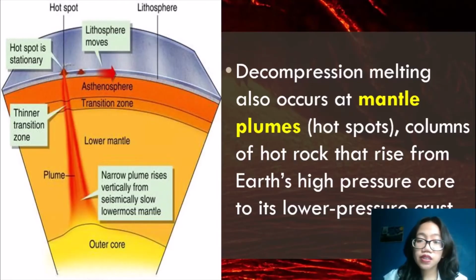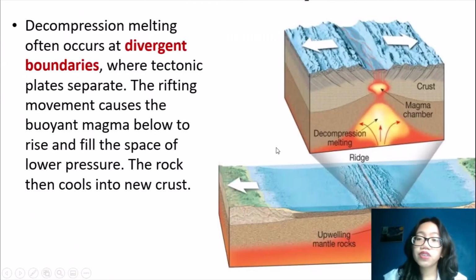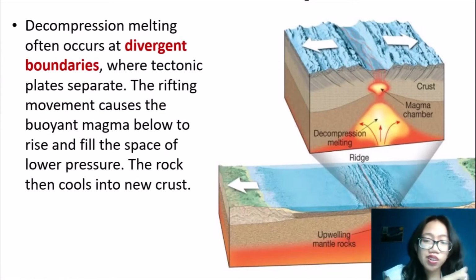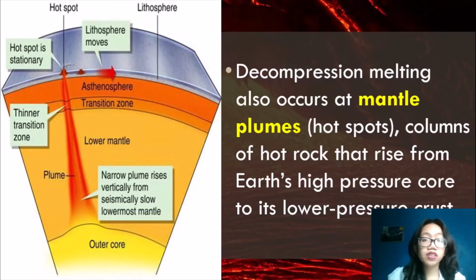Next, another location where decompression melting happens is mantle plumes. Unlike a large location where magma could be erupting from underneath the earth, this one is more localized. It's just one column of hot rock bursting out from underneath the earth into the surface.